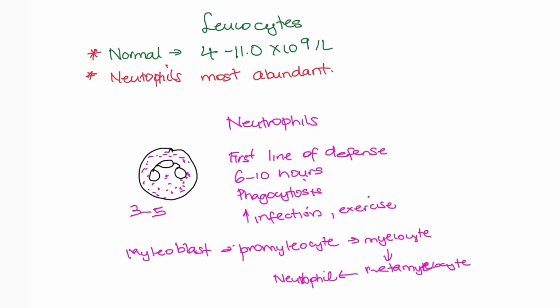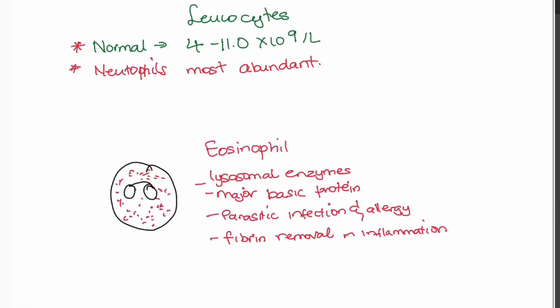Then it goes to the myelocytes, and then from the myelocytes it forms the metamyelocytes, which goes to mature into your neutrophils.